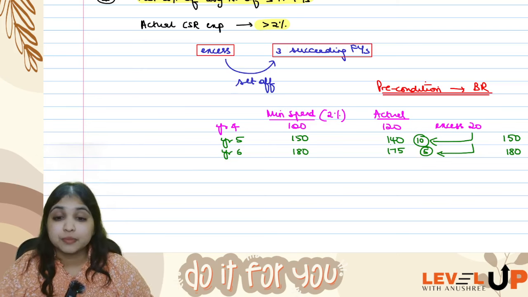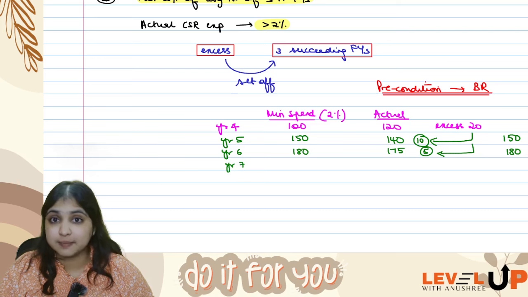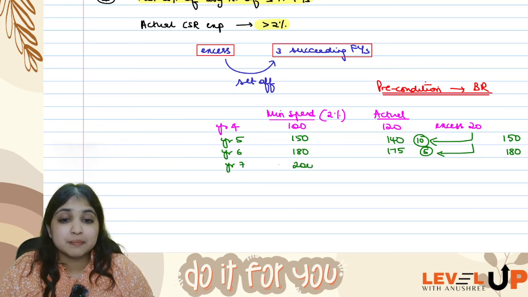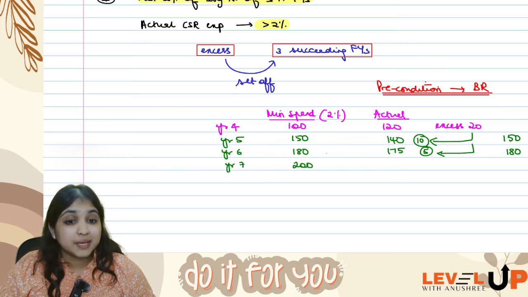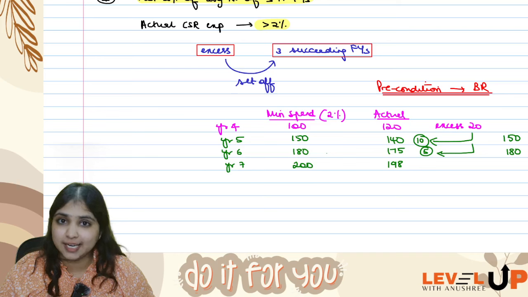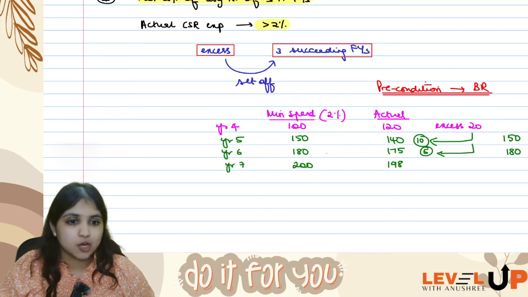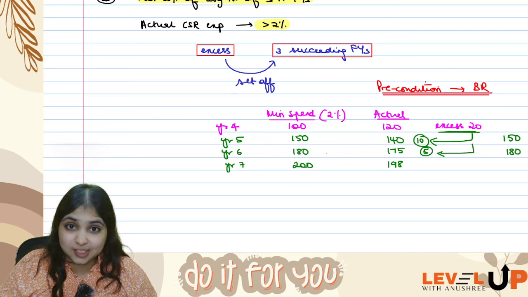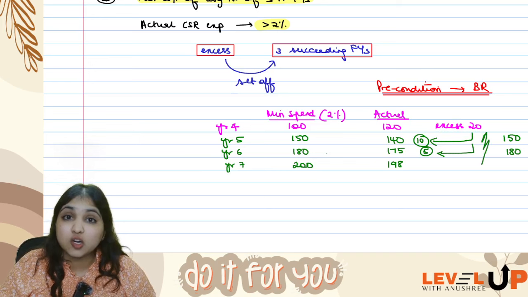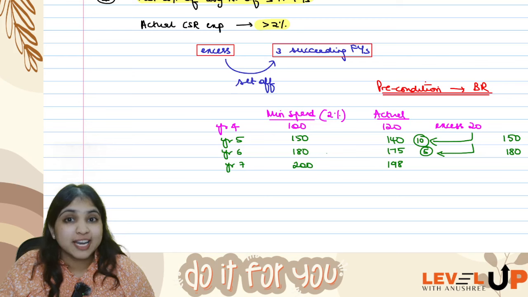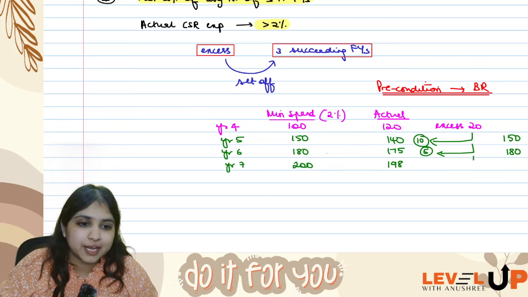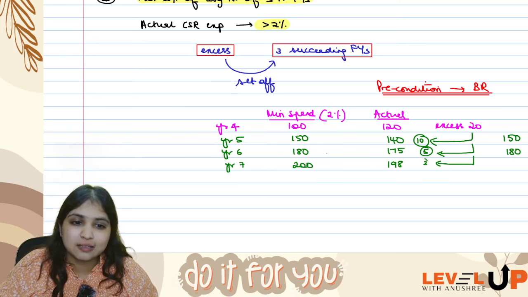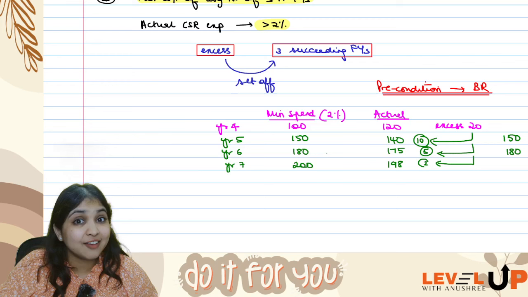Criteria fulfilled. Now in year 7, similarly, the company's minimum spend requirement was 200. The 2% number was 200, but the company actually spent only 198 rupees. But no problem, because the company had spent excess 20, which can be set off across 3 years. We have already utilized 15. We still have 5 more. Out of that 5, we can utilize another 2 over here. Are we getting it?